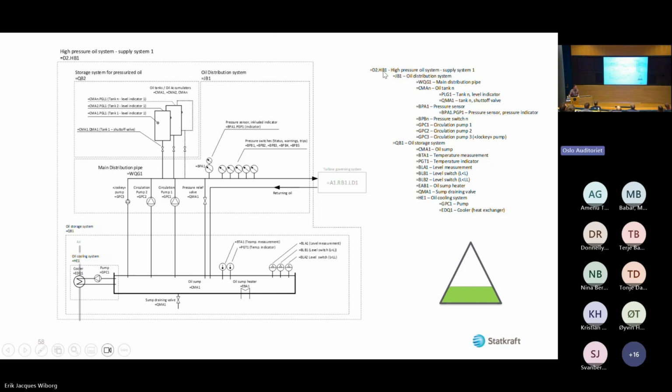Meaning that if you're working on the HPU up on this level, you know that there's an oil distribution system, you know there's an oil storage system. Okay, I know where I want to go. I want to go to the oil storage system. Now these things are part of it. I want to look at the oil cooling system. Now, the oil cooling system is down here. I know there's a pump, there's a heat exchanger, they are here.